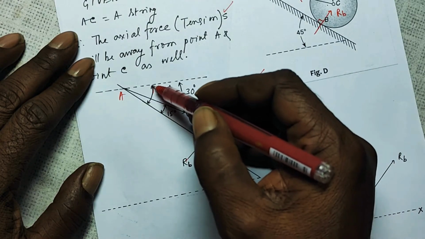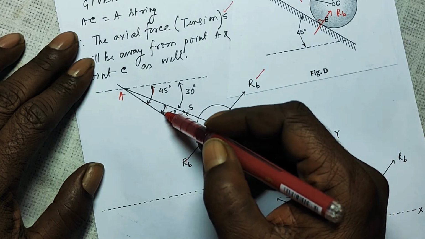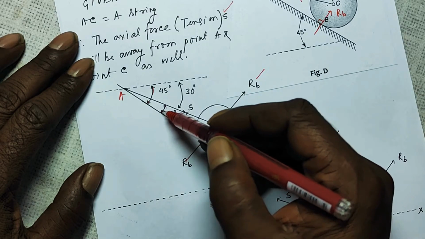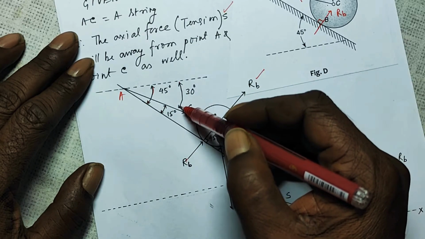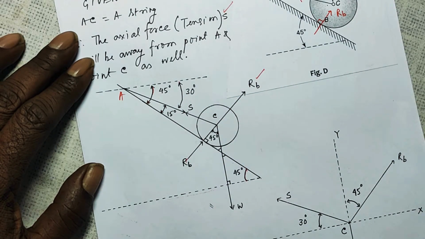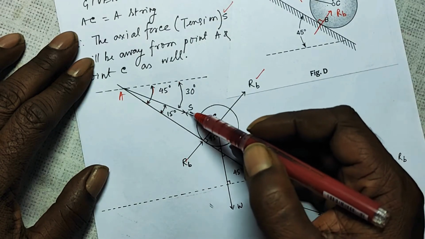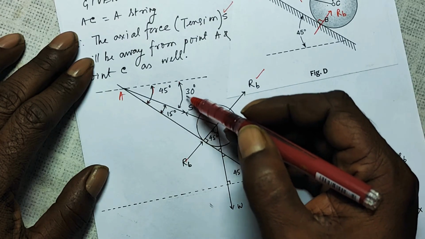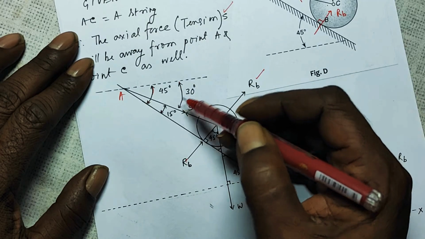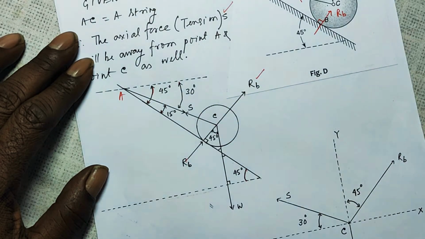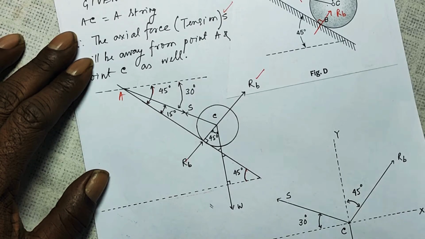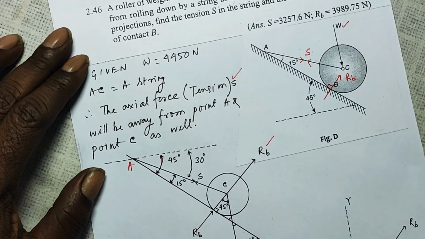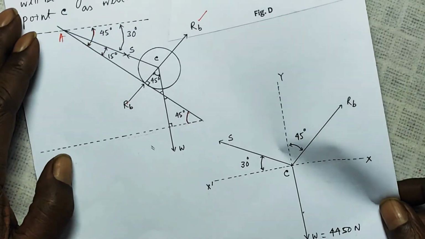Now, since this is 45 and this is given as 15, so 45 minus 15, I am left with a 30 degree. So from here to here is 30 degree, right? So means the axial force, the tension force, makes angle 30 degree with the horizontal, right? And then I have drawn another diagram for you that is called the free body diagram.